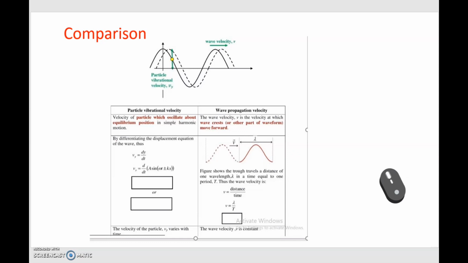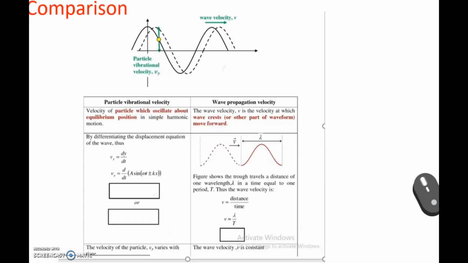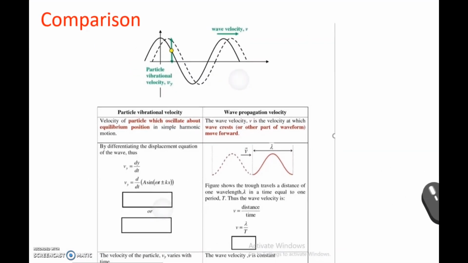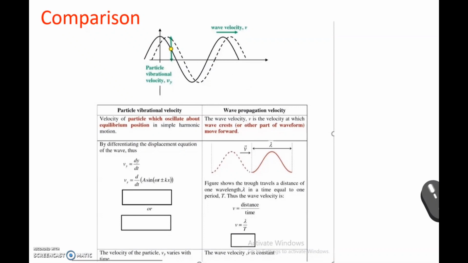Particle vibrational velocity and wave propagation velocity: for the particle vibrational velocity, you can see that this particle is moving up and down. So this is the velocity of a particle which oscillates about its equilibrium position in simple harmonic motion.